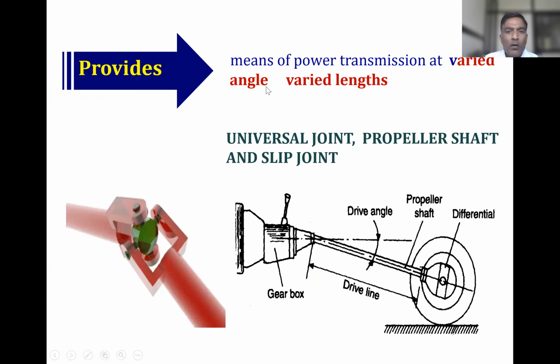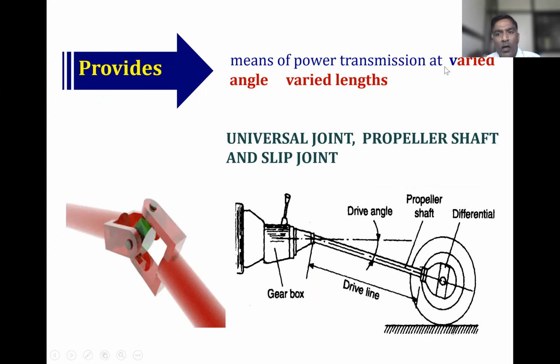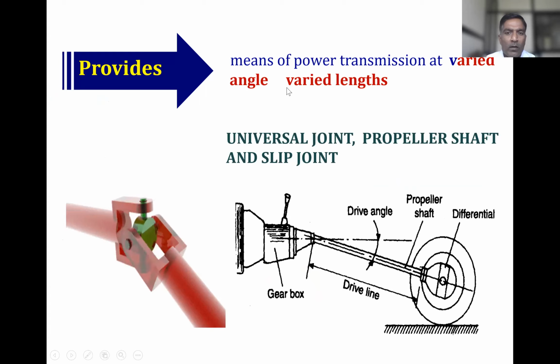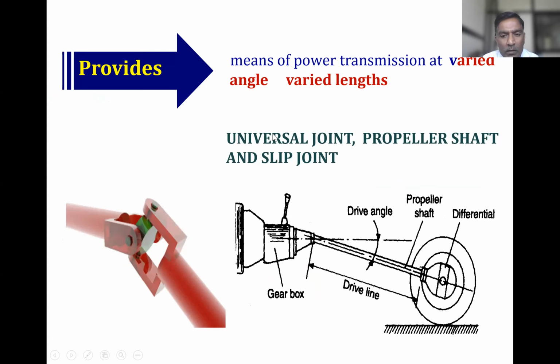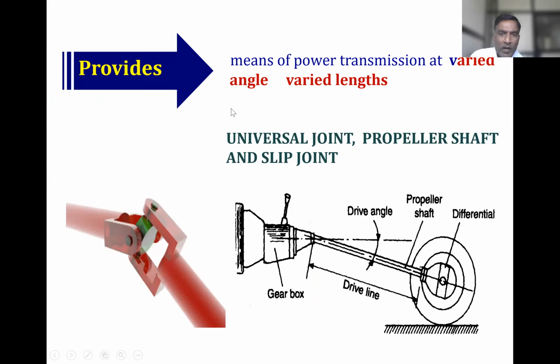Okay. So means of transmission at varied angle and varied length. Okay. Screen is visible, Milin? Yes, sir. Okay. So provides means of power transmission at varied angle and varied length.